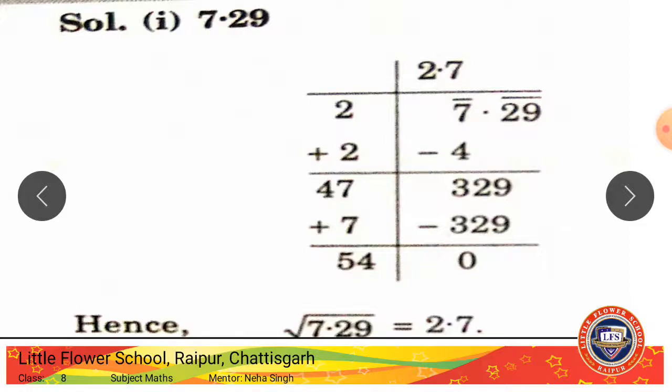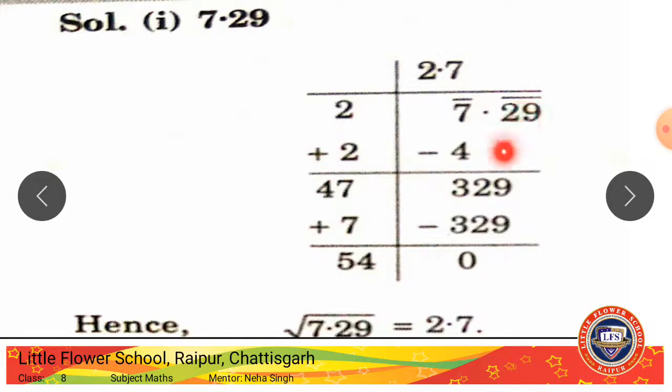Now what was the step? First we'll see which number's square is 7 or less than 7. So what is the number? 2 we will take, right? Because 2 2's are 4 and we'll subtract, 7 minus 4 is 3. This 2 we will add here, so 2 and 2 makes 4.